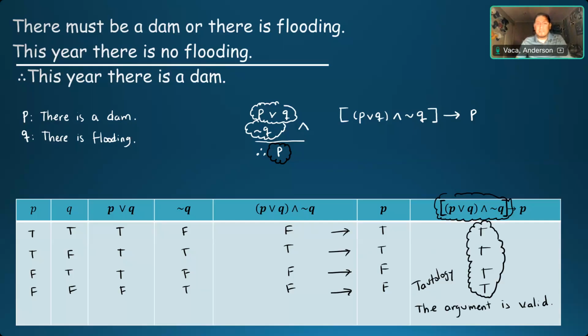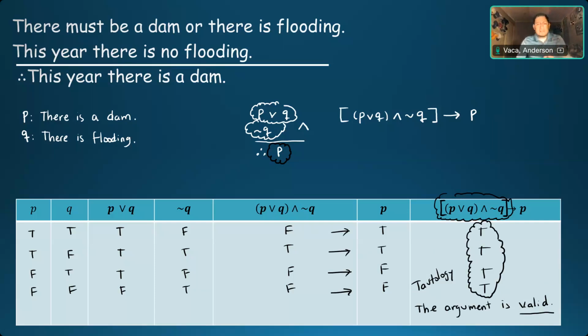Based on the math behind this argument, we can say that the argument is valid. Why is that? Because the very last column of this truth table for this argument is a tautology. So therefore, the argument is valid.